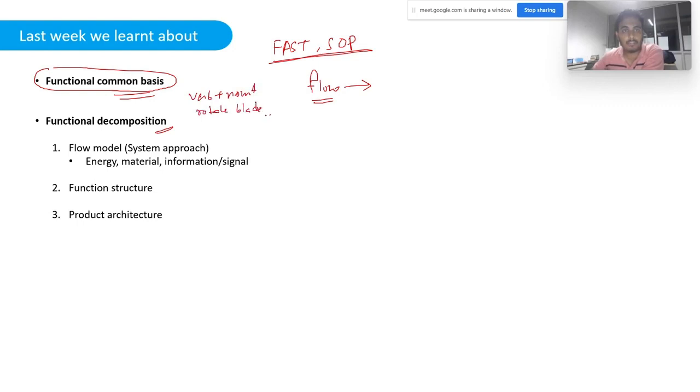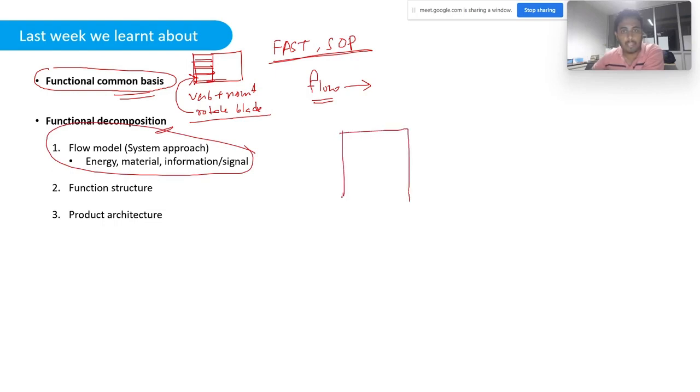There is a list of functional common basis, and if you can reduce your functions to something particular to that list, then we can realize that we have reached the end point in the functional decomposition process.